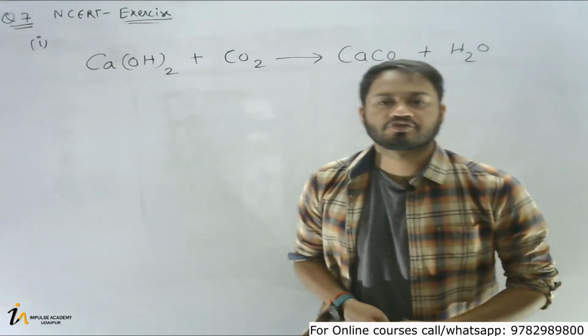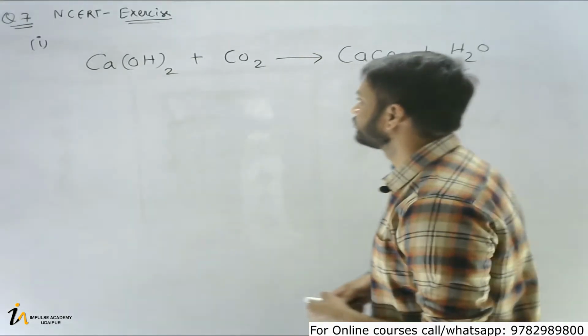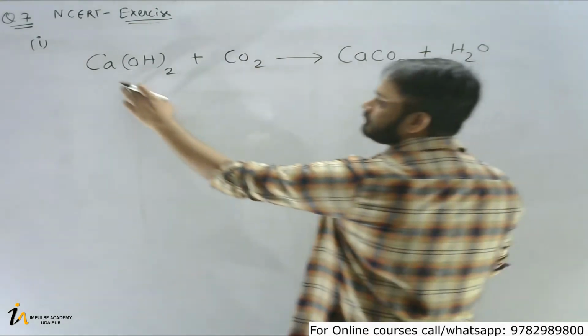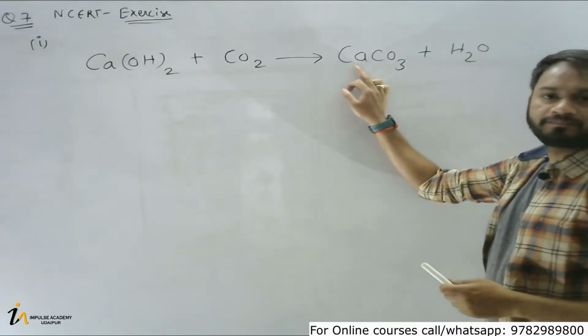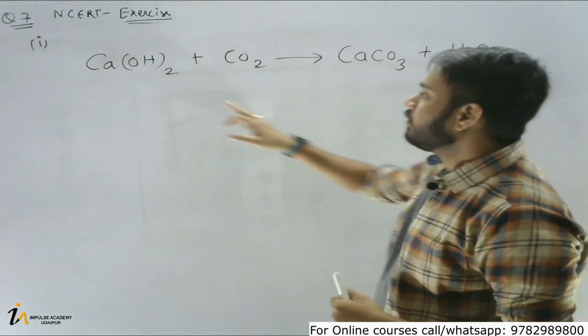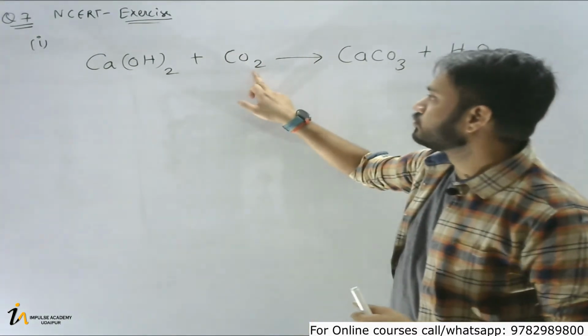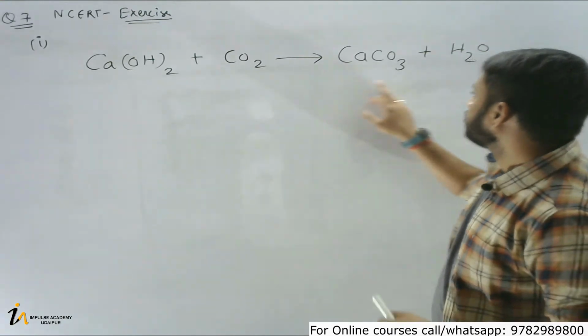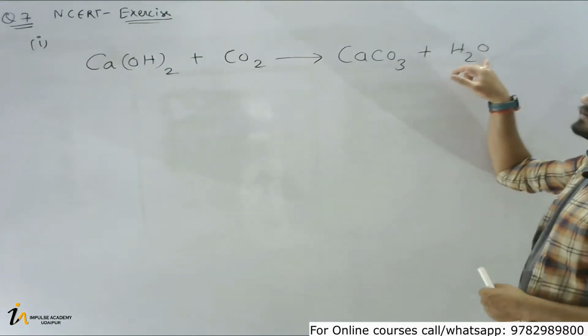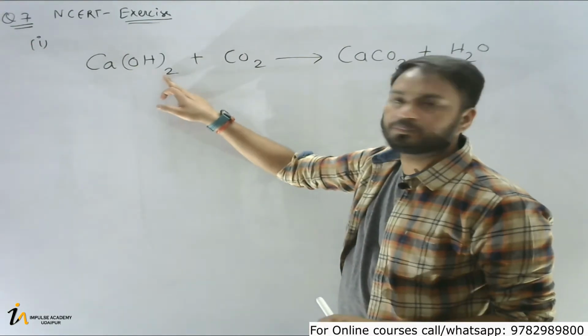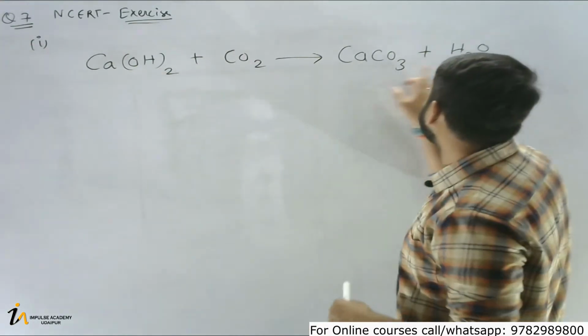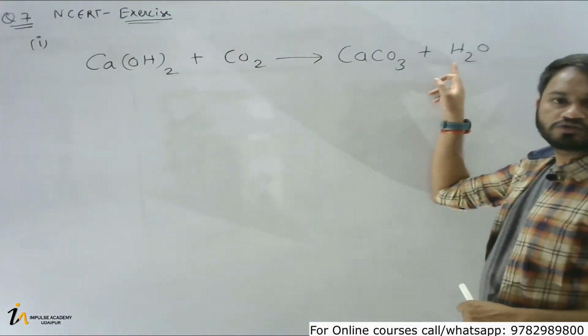Okay, let's balance one more equation by using the direct method. Here if we see, calcium is 1. Here also calcium is 1. So no need to balance. Now oxygen here is 2 plus 2, that is 4. So oxygen here is 3 plus 1, that is 4. It is already balanced. Now hydrogen here it is 2, H2, that is 2, and hydrogen here it is 2, that is also balanced.